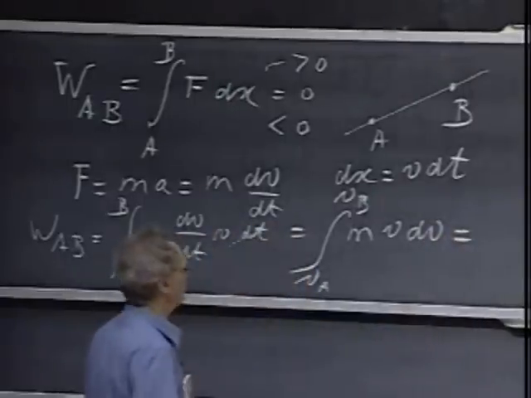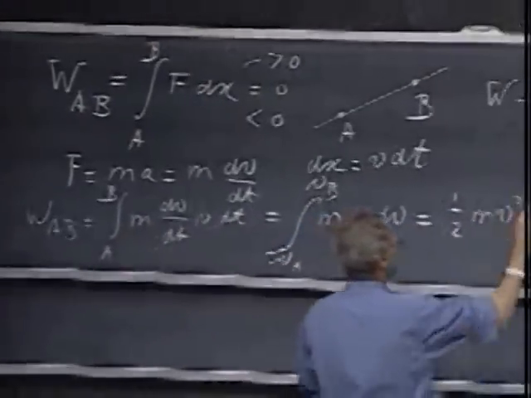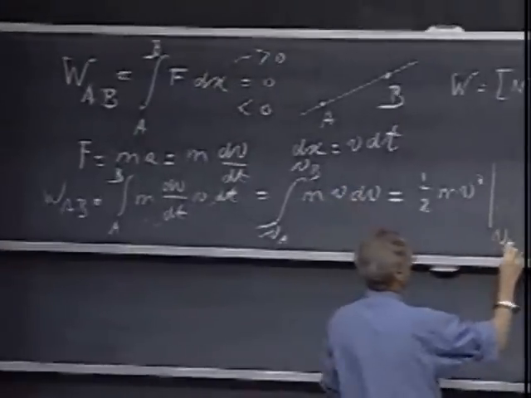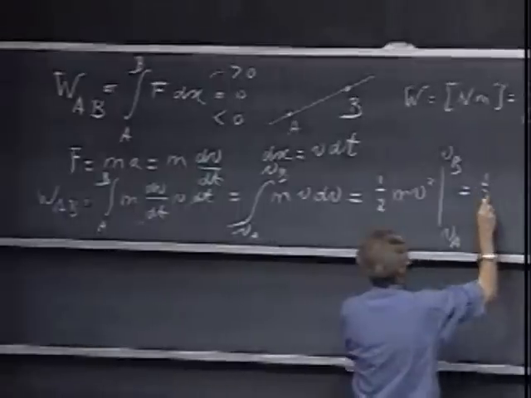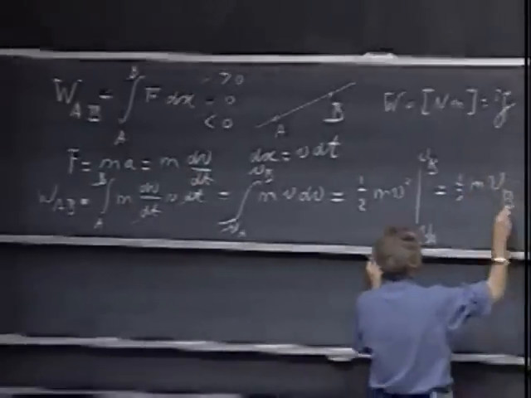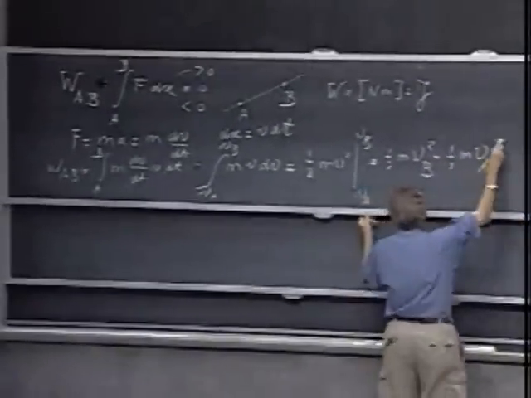That's a very easy integral. That is 1/2 m v squared, which I have to evaluate between VA and VB, and that is 1/2 m VB squared minus 1/2 m VA squared.